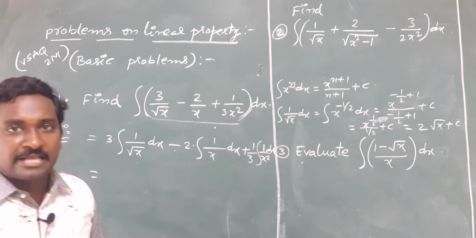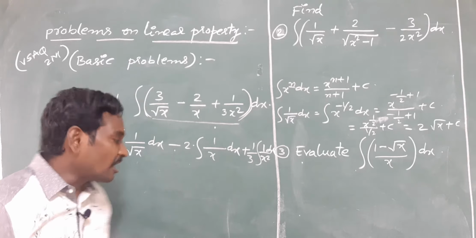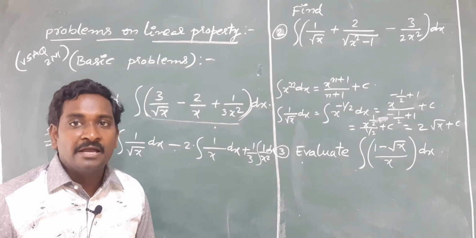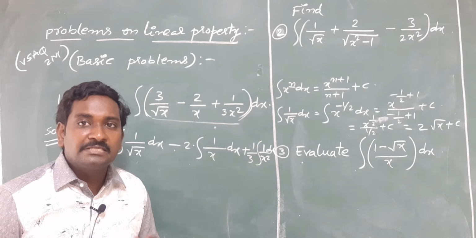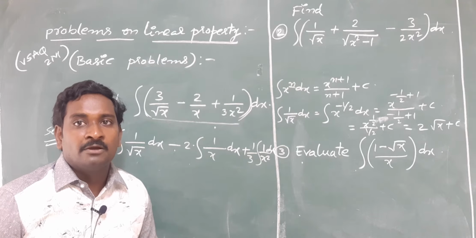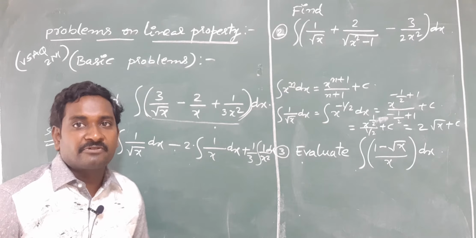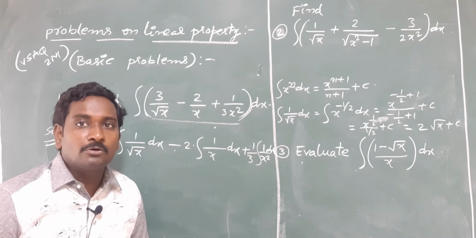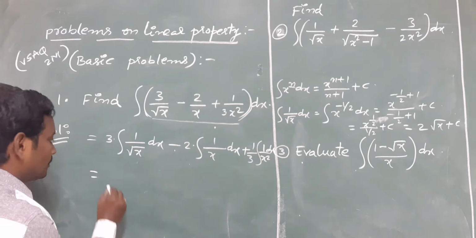This is the deduction of this integration. You can also learn this by heart as a formula. Integral 1 by root x is equal to 2 root x plus c. Okay. Many times you can face this integration. That's why please learn this by heart as a formula. Integral 1 by root x is equal to 2 root x plus c.